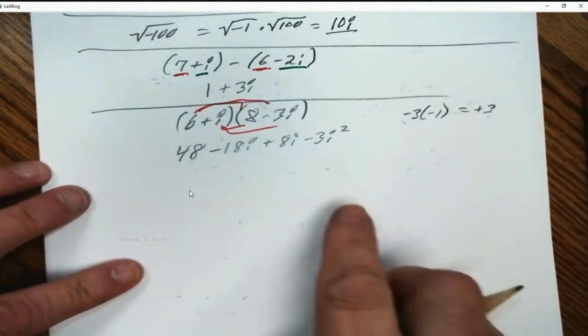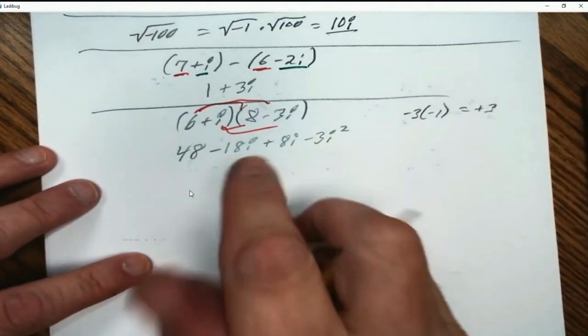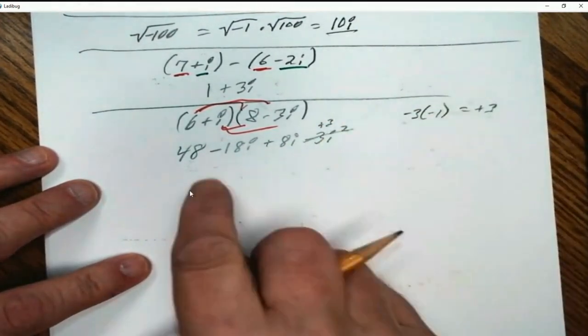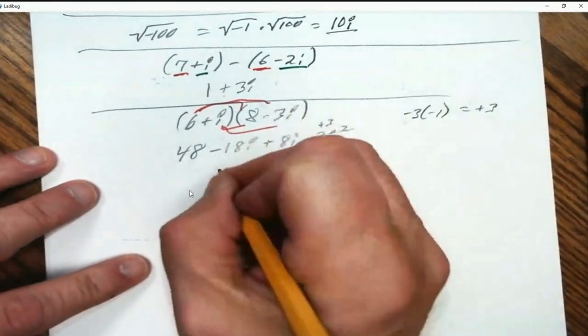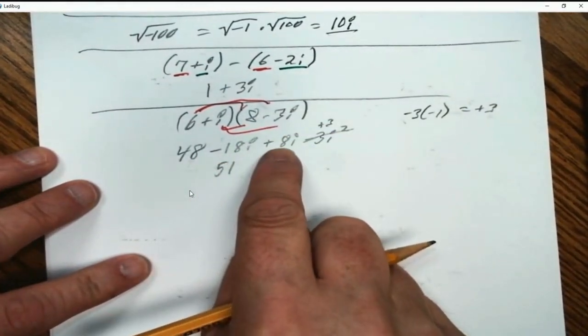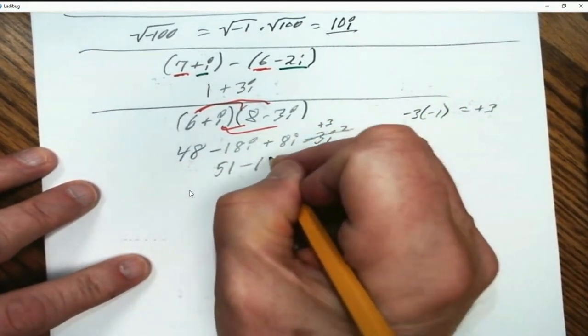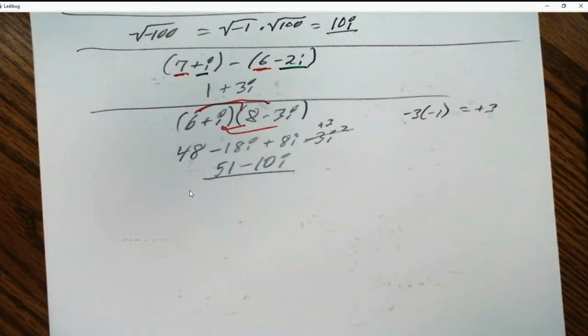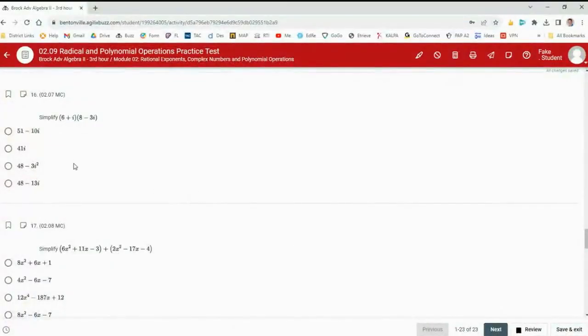So this will simplify to positive 3. So 48 plus 3 is 51. Negative 18i plus 8i is negative 10i. And it is the first choice, 51 minus 10i.